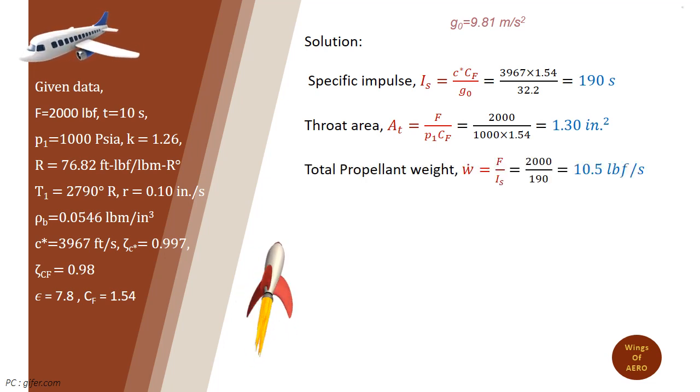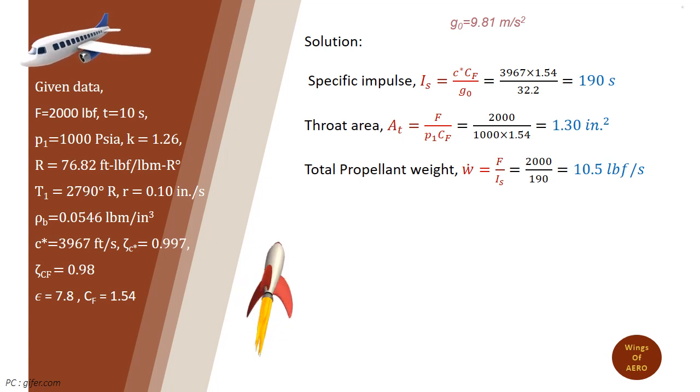Next, calculate total propellant weight at sea level. The specific impulse represents the thrust per unit propellant weight flow rate. From this, we can solve for propellant weight. W dot is equal to F divided by I suffix s. After solving this equation, we get the required propellant weight flow at sea level is 10.5 pound-force per second.